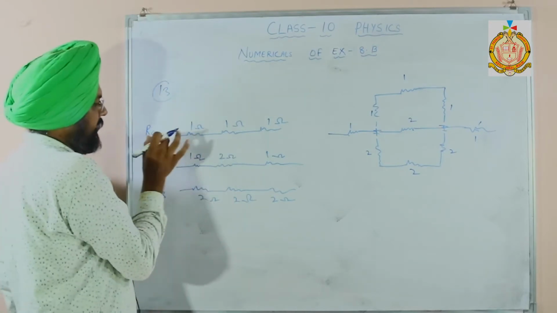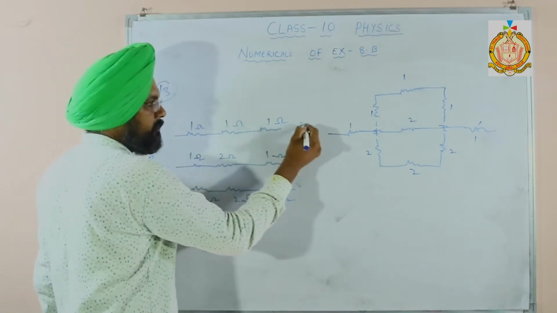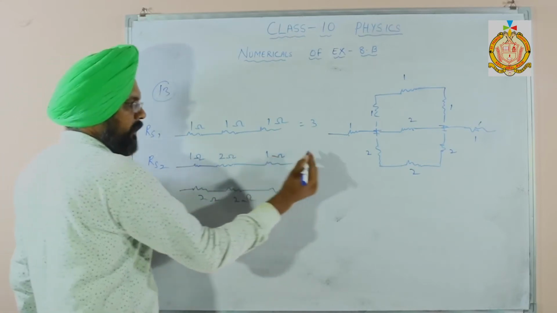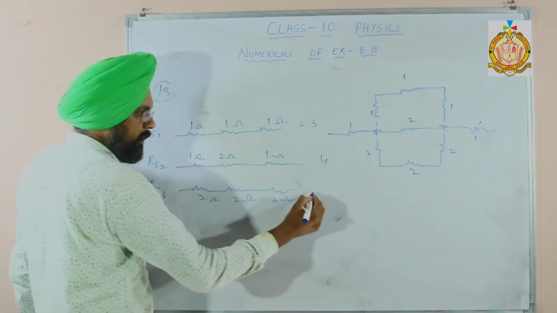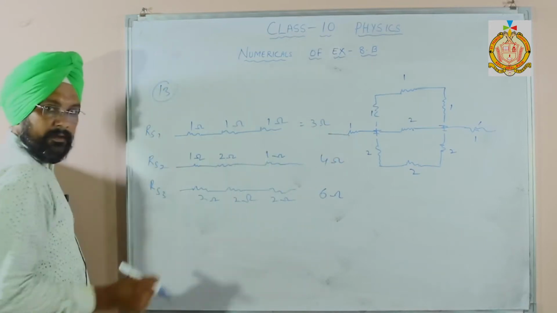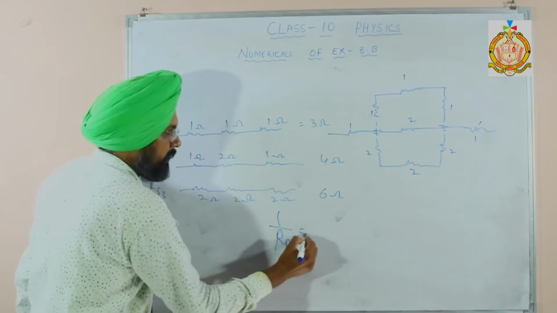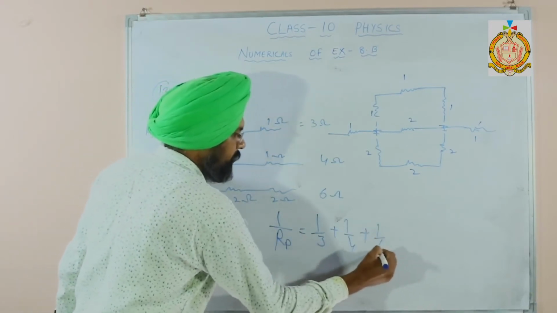So what is the R series? The sum for R series 1 is 1 plus 1 plus 1, which becomes 3. R series 2 is 2 plus 1, 3, 3 plus 1, 4. Then R series 3 is 2 plus 2 plus 2, which becomes 6 ohm. Now all three are in parallel. So our final answer will be 1 upon R parallel is equal to 1 upon 3 plus 1 upon 4 plus 1 upon 6.